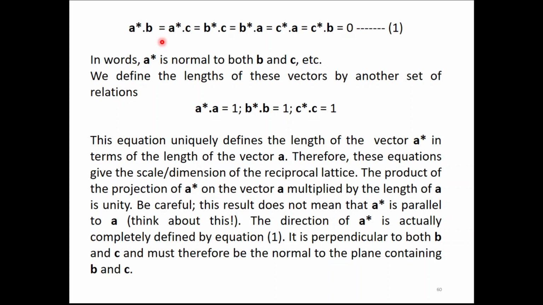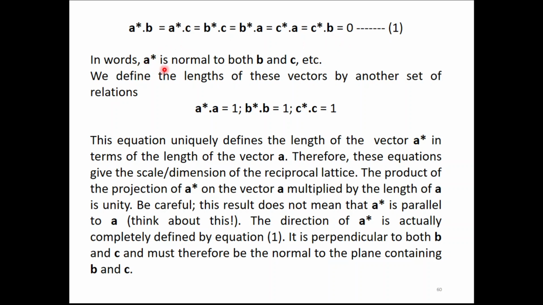Okay, remember, a, b, and c are direct lattice vectors, whereas a*, b*, and c* are reciprocal lattice vectors. So by taking a dot product of the first reciprocal lattice vector with that of the second direct lattice vector, and similarly like that, where the positions of both the vectors are different, okay, with this sort of setting we will always get a null result, right?